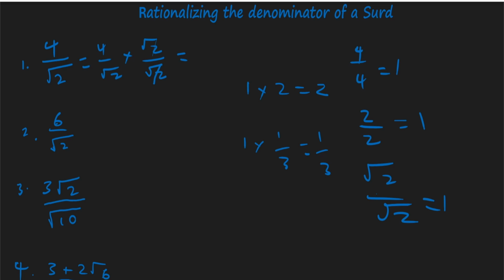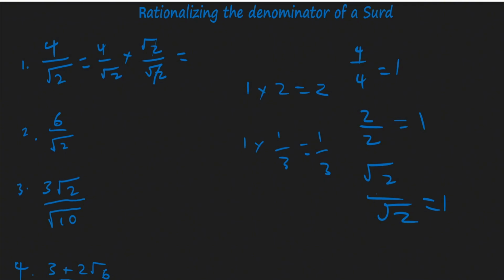When we multiply this 1 by the fraction, the value still remains unchanged. Multiplying the fraction by the same expression root 2 over root 2 is equivalent to multiplying the fraction by 1. The value still remains unchanged. Nothing has changed. So let's continue.